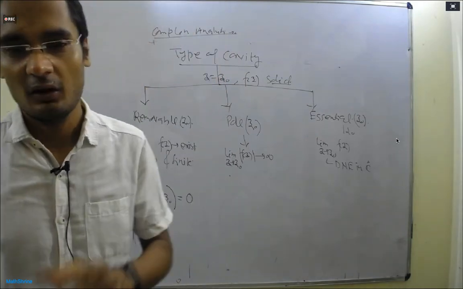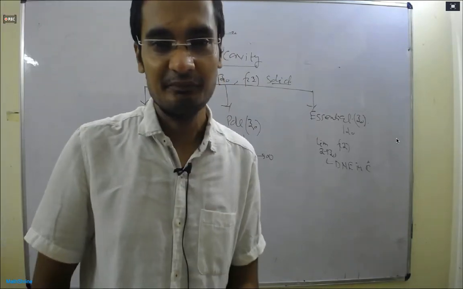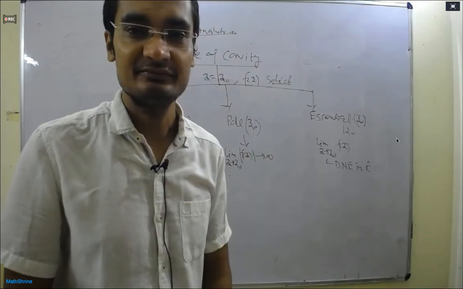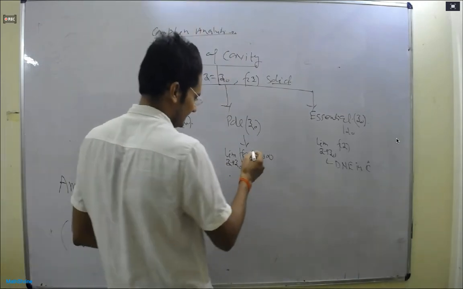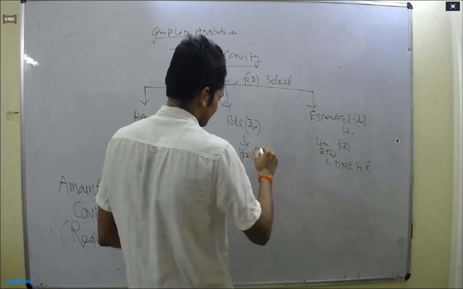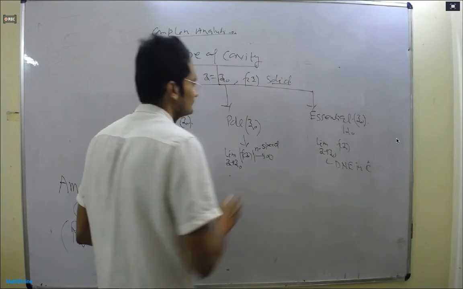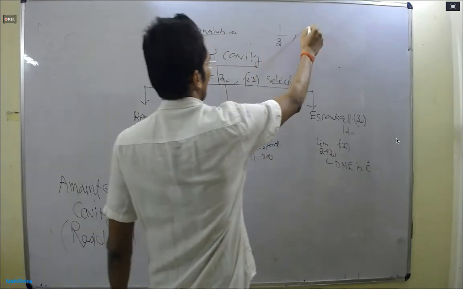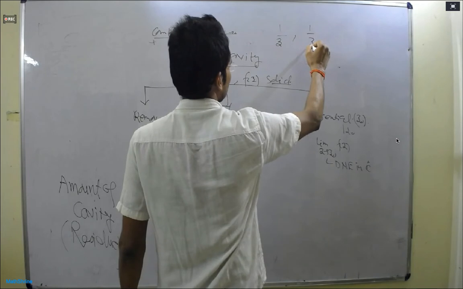So I can also ask at what speed it is tending to infinity. I can say the speed is given by n, so n is the speed. What is the answer? 1 upon z, 1 upon z square, 1 upon z to the power 4.